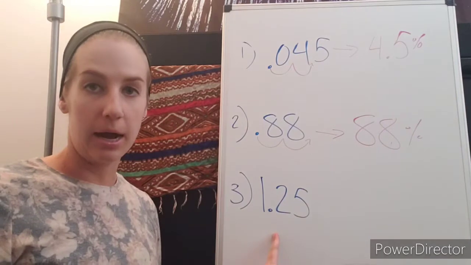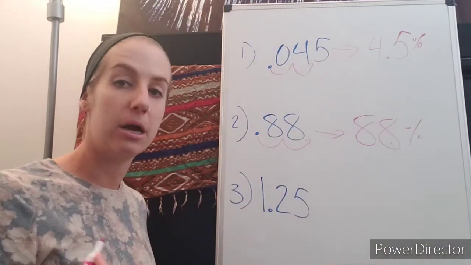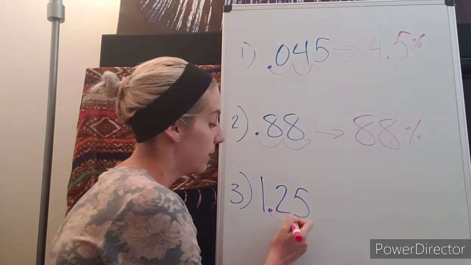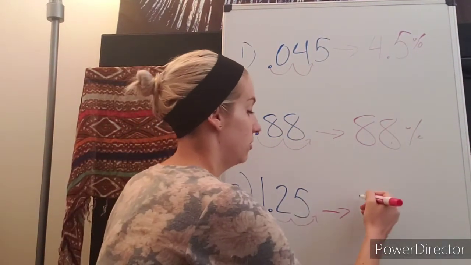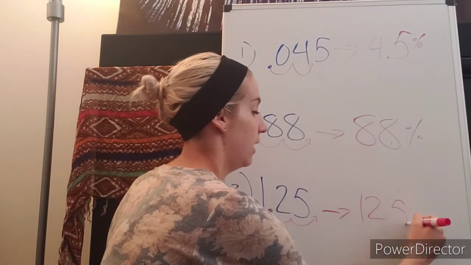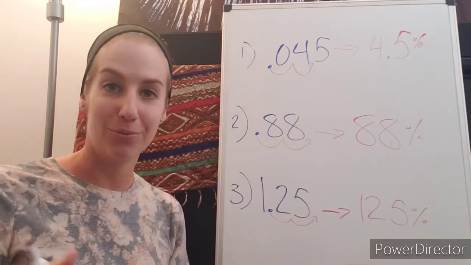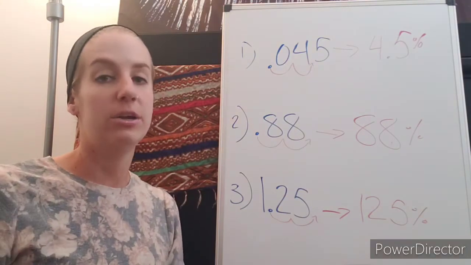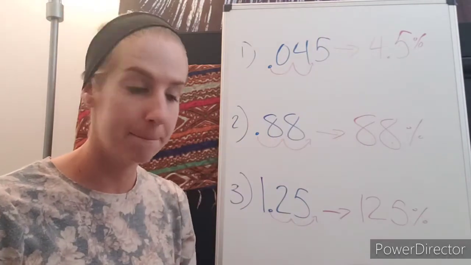And then this guy's kind of a weirdo, all right? But if I took 1.25 and multiplied it by 100, or mentally moved my decimal place 2 places to the right, I'm going to get the same answer, which is 125, and then I got to put my percent sign on the end of that, okay? So that's how I convert a decimal into a percentage, all right?